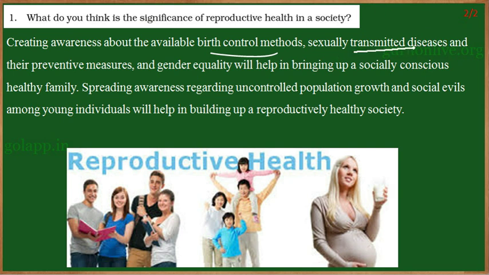Awareness about sexually transmitted diseases and their preventive measures. Gender equality will help in bringing up a socially conscious healthy family, and spreading awareness regarding uncontrolled population growth and social evils which are being seen in the society.